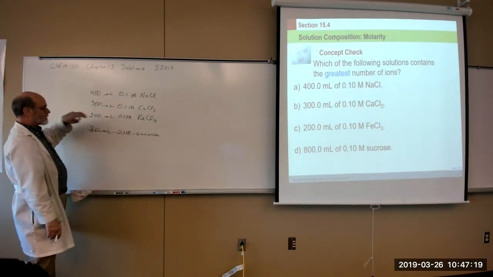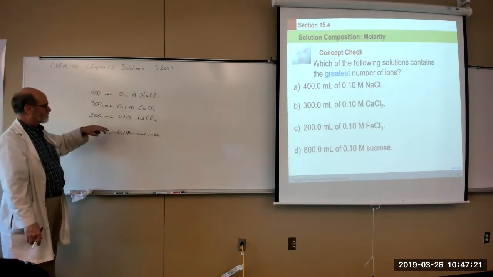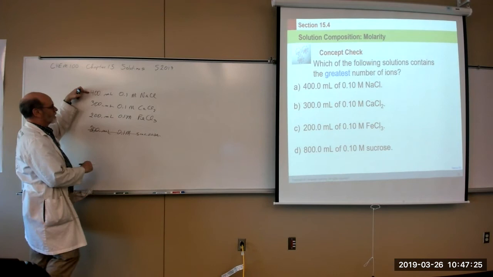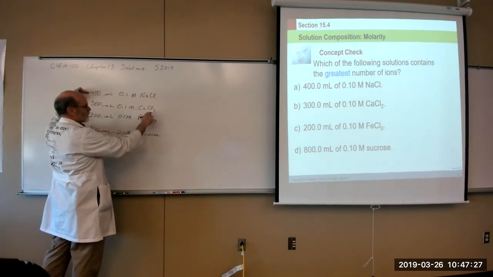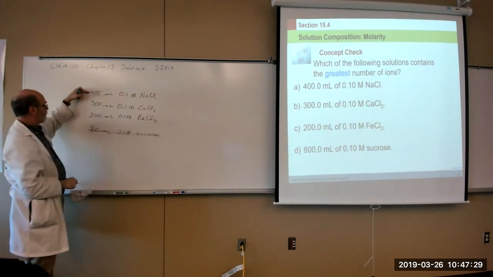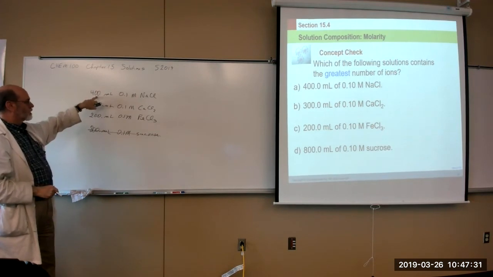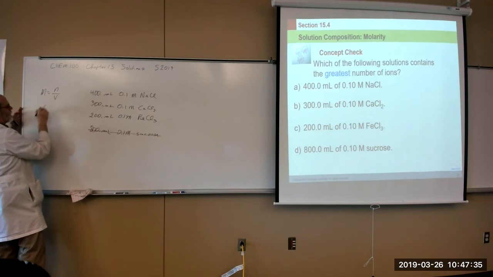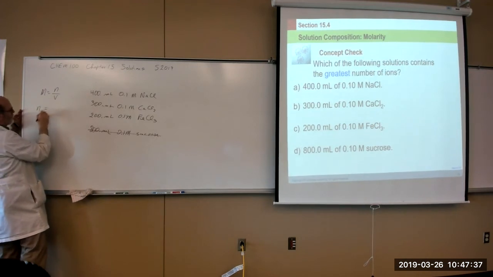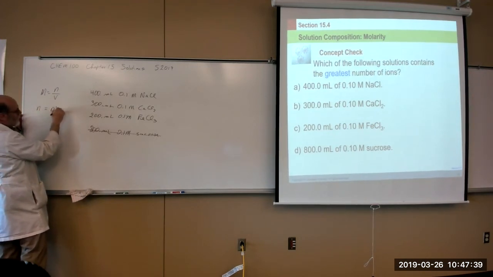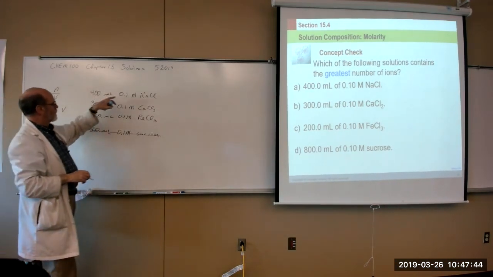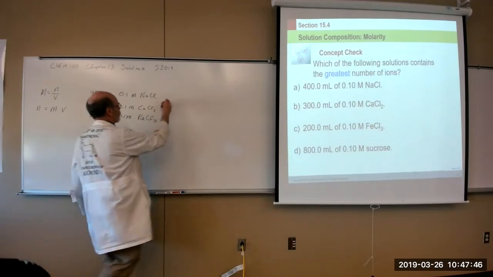So, since they're all the same concentration, you need to know two things. How much do you have here, and how many ions do you produce there? So, remember, molarity equals this, that, that. So the number of moles would be this times that. Molarity times volume, 0.1 times 0.4 is 0.04, right?